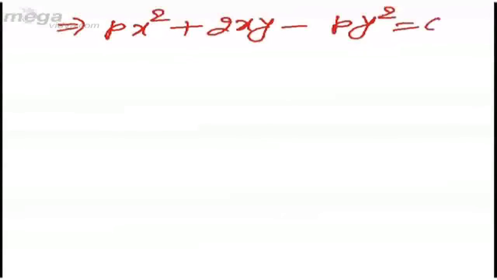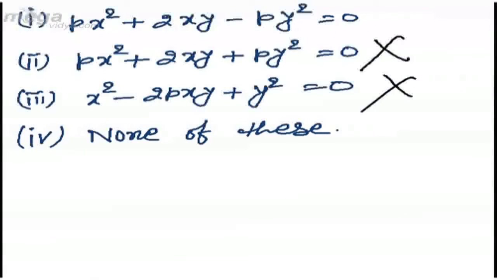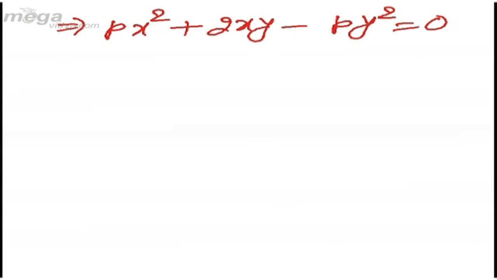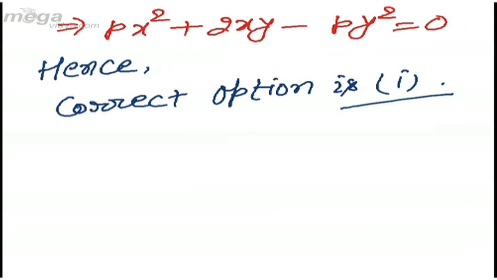So it is px square plus 2xy minus py square is equal to 0. Hence, now using the given condition, we'll see whether this is written in the options or not. Oh, yes, it is given. In the first option, see, it is px square plus 2xy minus py square is equal to 0. So the correct option is option number 1.